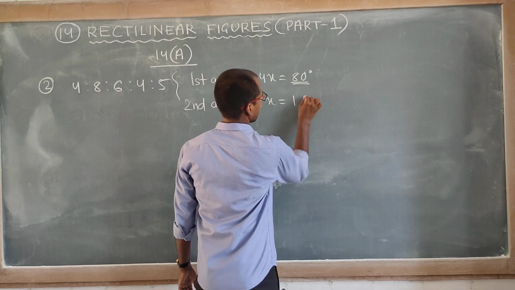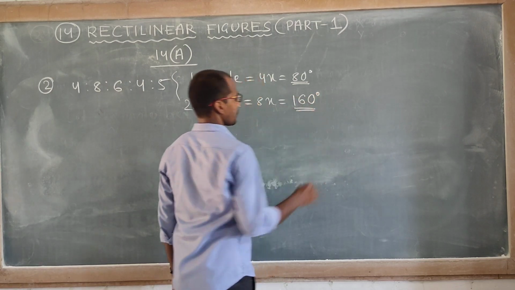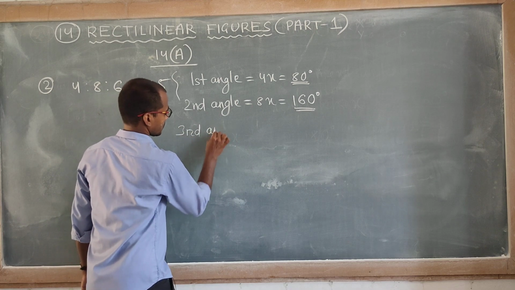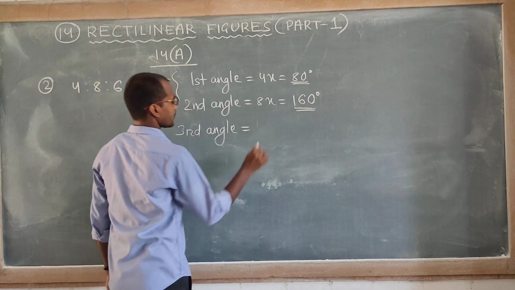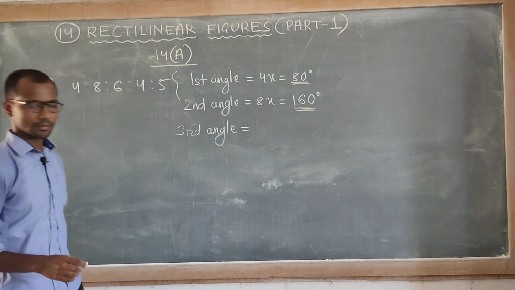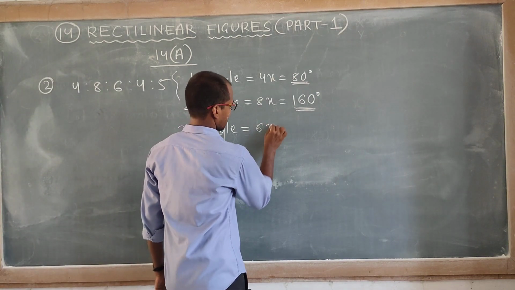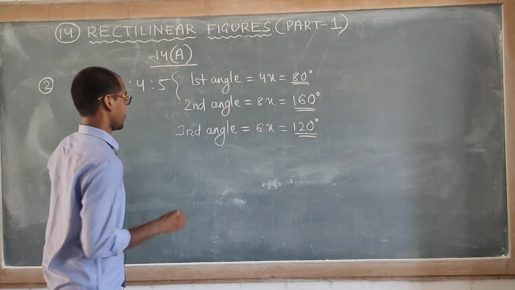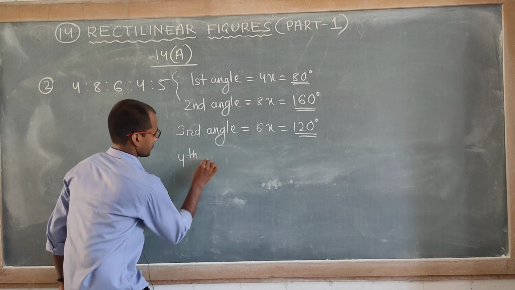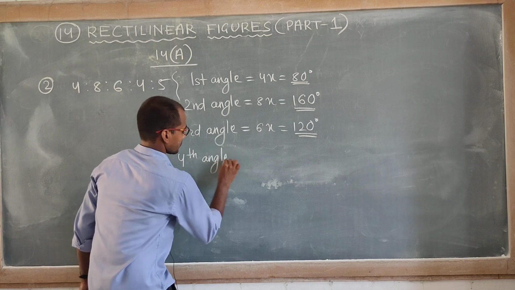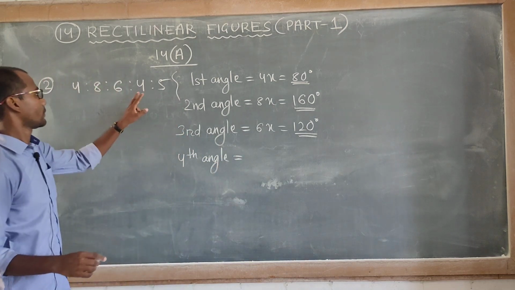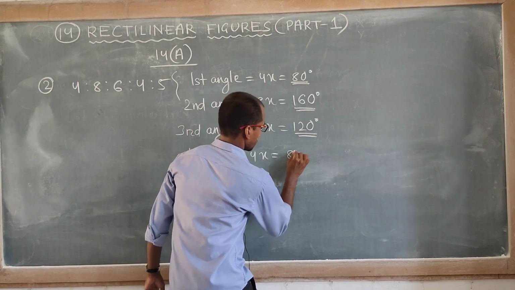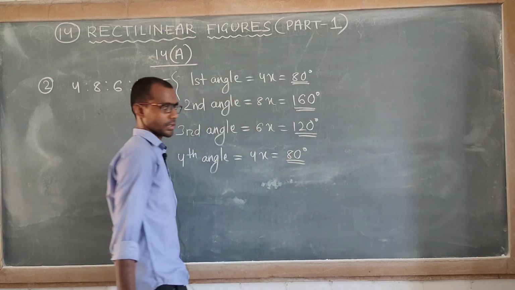8 into 20, that is equal to 160 degree. Okay. Third angle is equal to 6x. 6 into 20, 120 degree. Fourth angle is equal to 4x. 4 into 20, 80 degree.